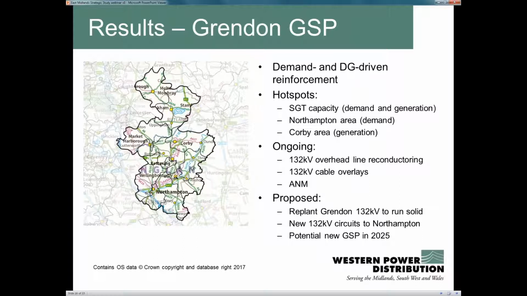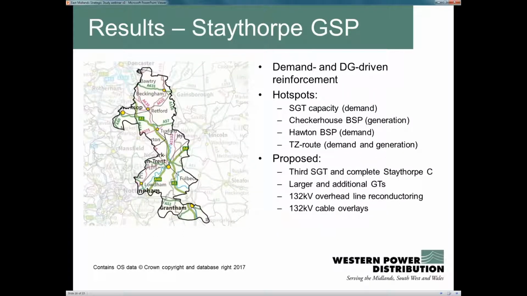Our recommendations in the report are to look at replanting the Grendon 132 kV board to be able to run solid, so that needs replacement for fault level issues. And there are also some further works that we've identified, such as the 132 circuits to Northampton and a new GSP potentially in the 2025 and beyond scenarios.